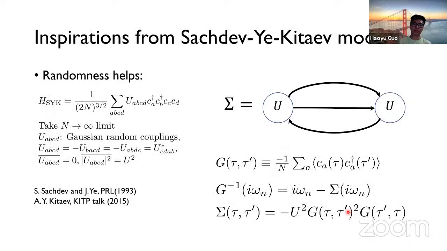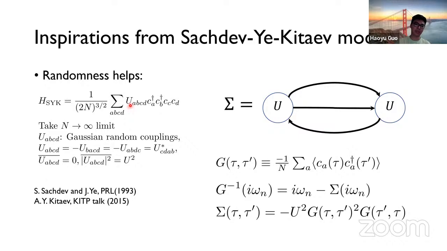So our attempt on this problem is inspired by the SYK model. To briefly summarize, the SYK model is a four-fermion model, which at first sight seems very hard to solve. But what comes out to save the day in the end is that we introduce some randomness into the problem.